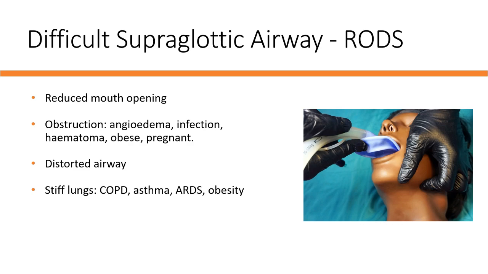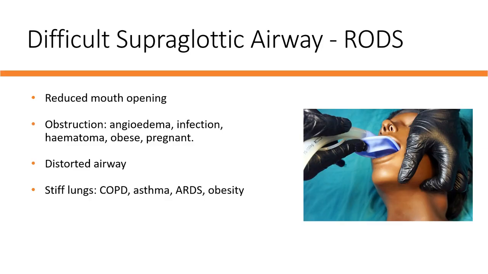The O stands for upper airway obstruction, and again, that includes angioedema, infection, hematoma, obesity, pregnancy, anything that results in swelling of the tissues of the upper airway. The D stands for distorted airway, and this is more mechanical distortion where the anatomical position of things is moved.